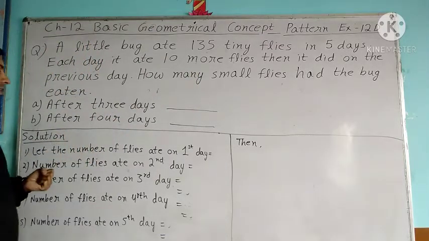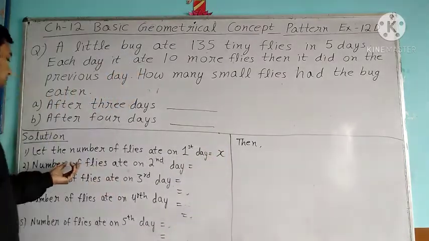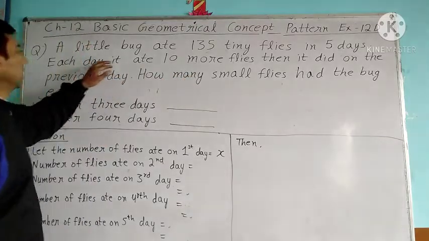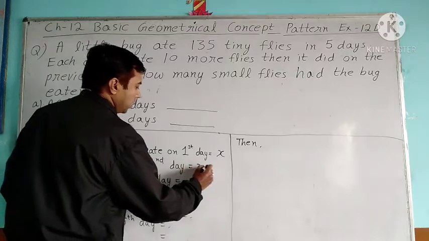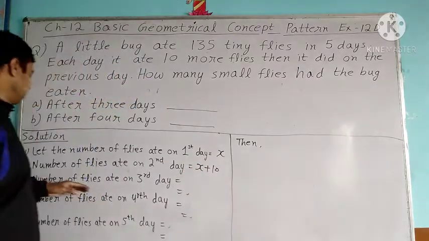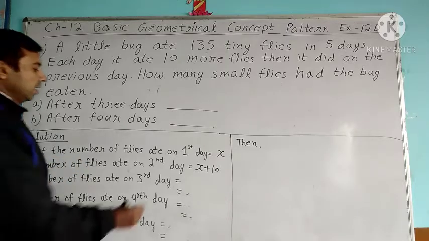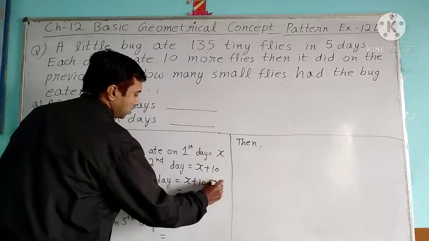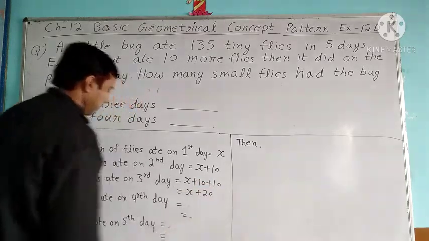Let the number of flies eaten on the first day be x. Number of flies eaten on the second day: see here student, each day it ate 10 more flies. So what do we do? x plus 10. Number of flies eaten on the third day: x plus 10 plus 10, x plus 20.